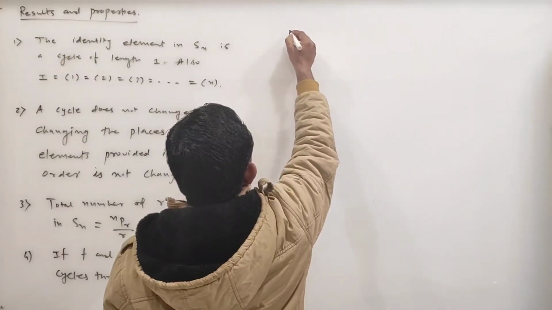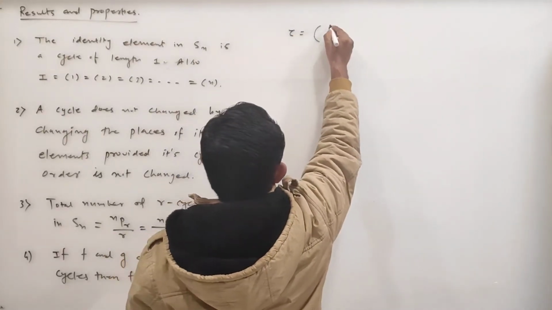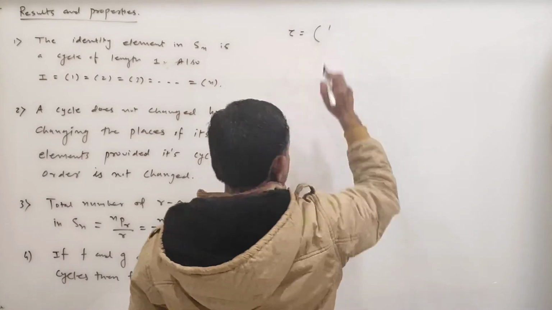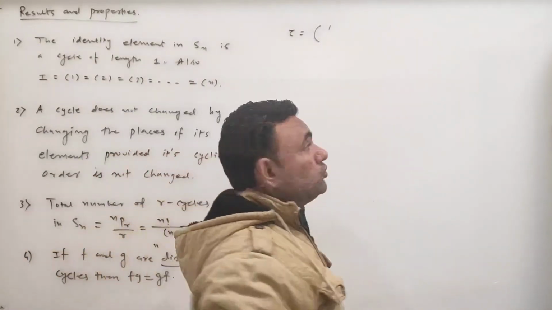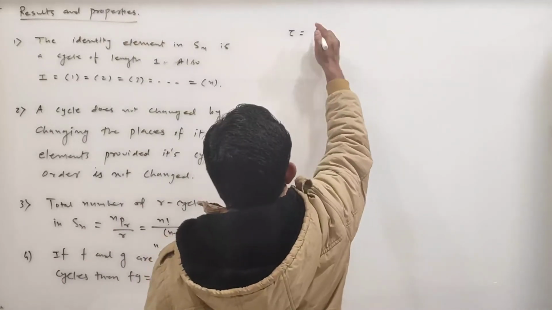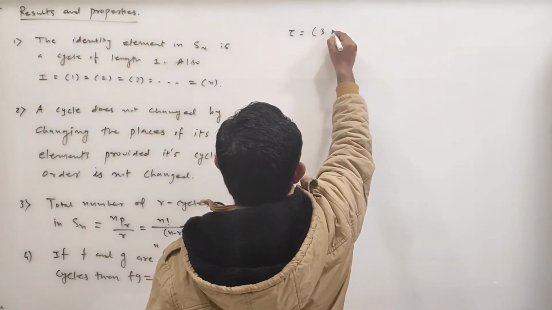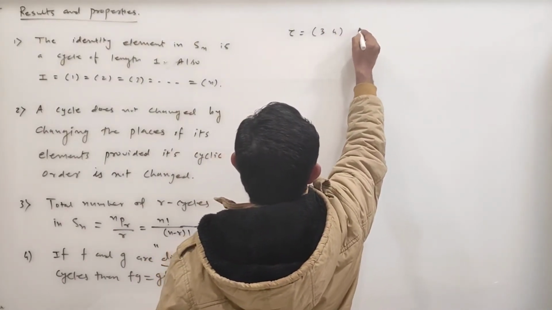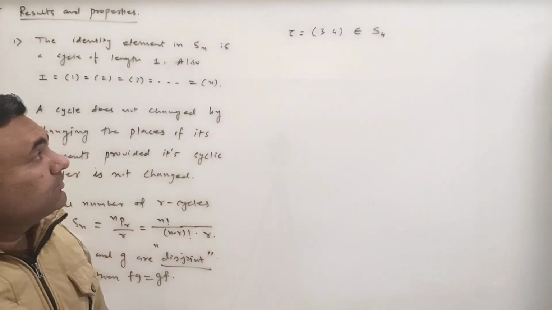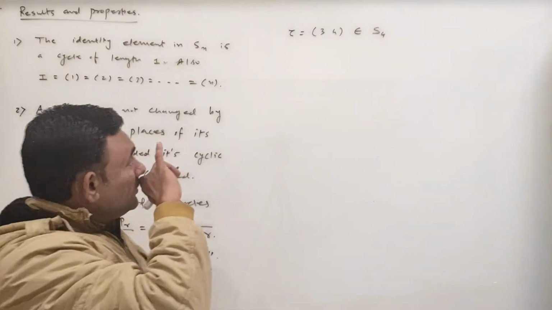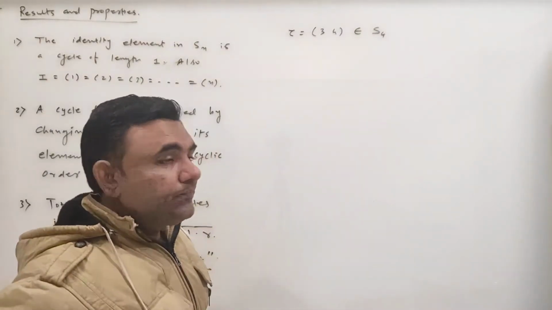So you consider tau. Tau is equal to... transposition means what? It is a cycle of length 2. So you consider tau is equal to (3 4) belongs to S4. So this is a transposition, right? So I want to find the inverse.